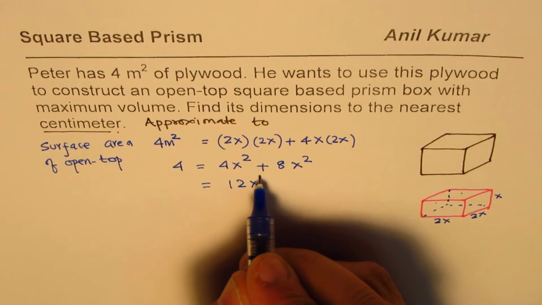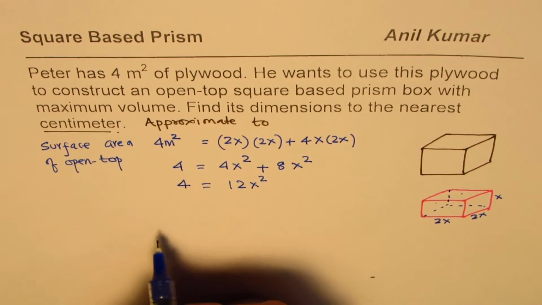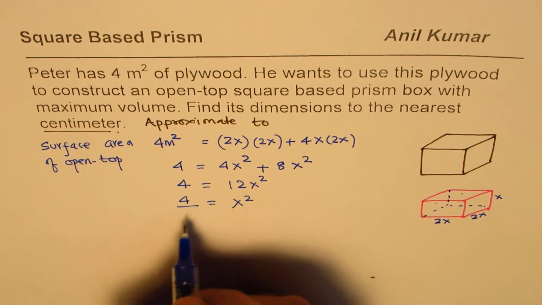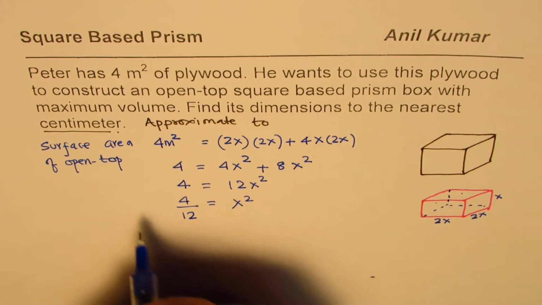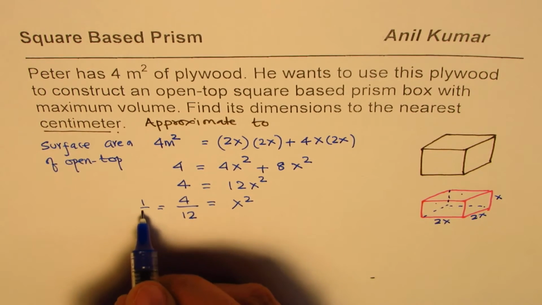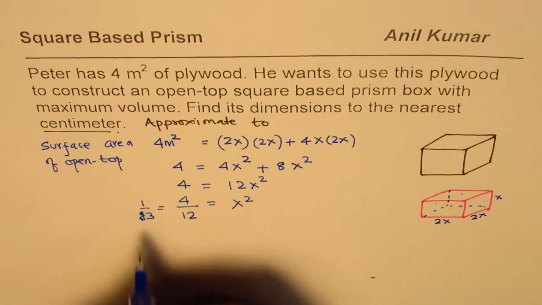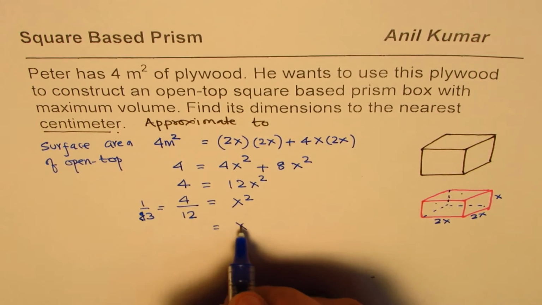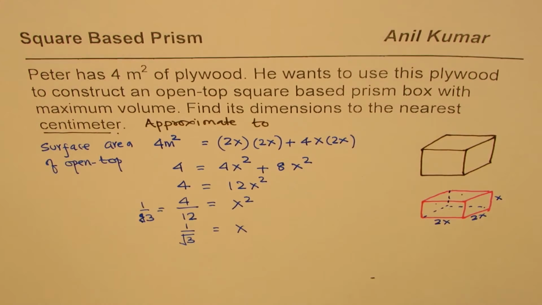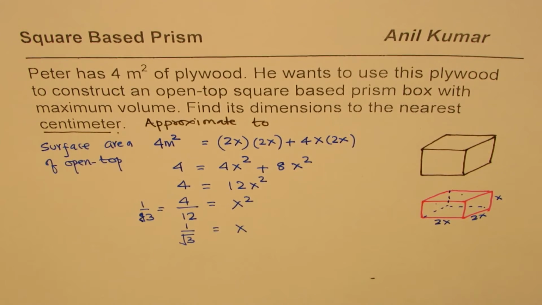So 12x squared is equal to 4, or x squared is equal to 4 divided by 12, which is 1/3. So x will be the square root of this, which is 1 over square root 3. So that is the value of x.